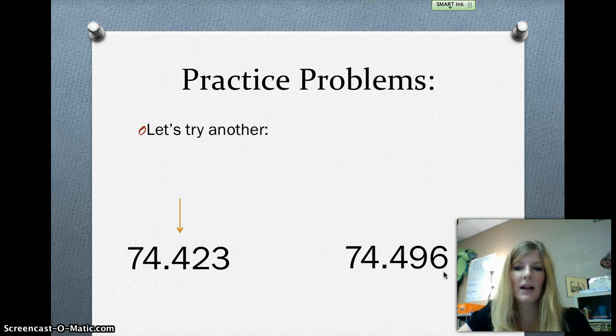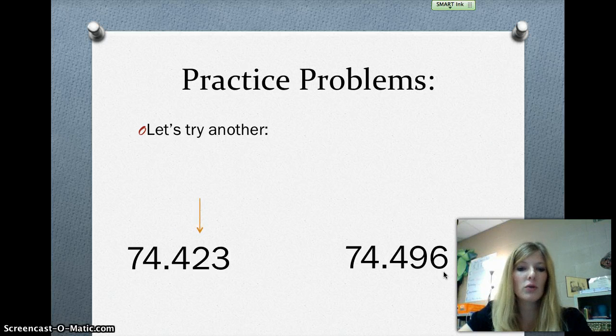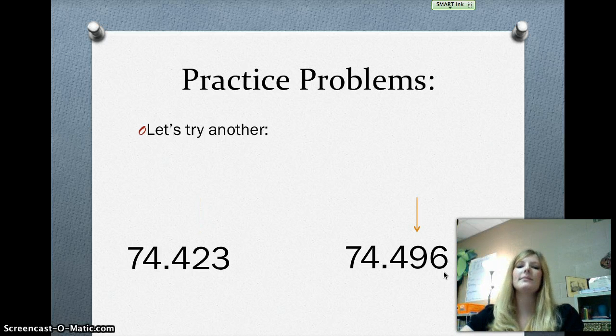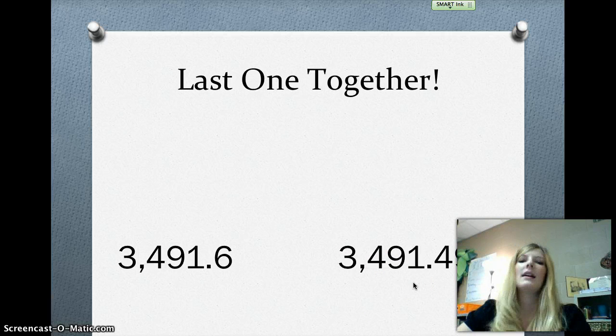So I have my decimal point. I'm going to move past that. Then we have 4 in the tenths place on both sides. So they're still the same. They're still equal. Now here is where it gets different. We have a 2 in the hundredths place and a 9 in the hundredths place. Which number is larger? If you guessed this number, you would be correct.